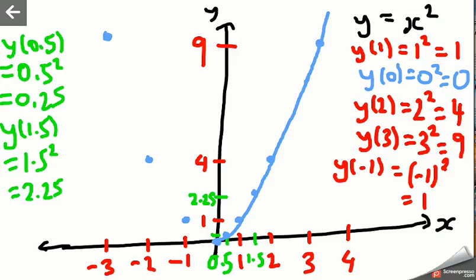It's just going to be a reflection about the y-axis, because when you put in negative x values to this function, it's the same as if they're positive. When you square it, the negatives cancel. So our curve looks like this on the negative side. And that's our very first parabola. That's the parabola y equals x squared.